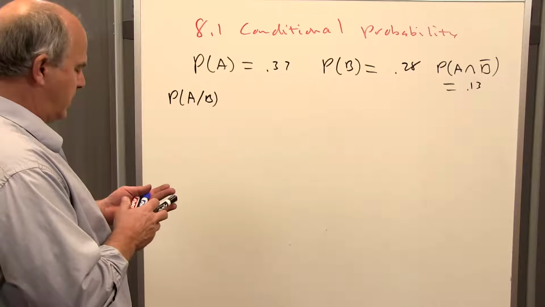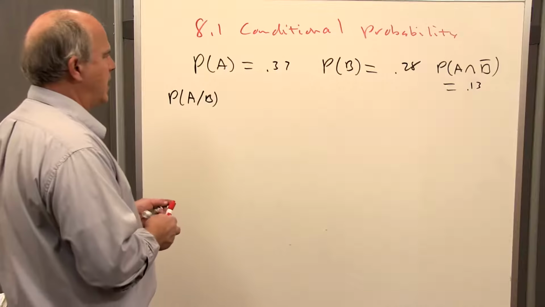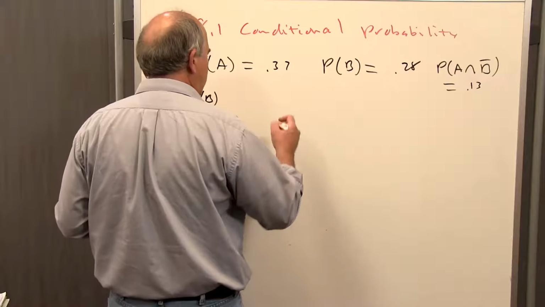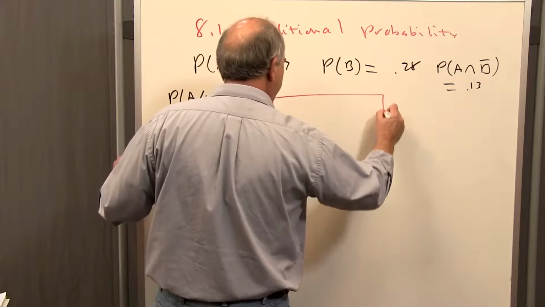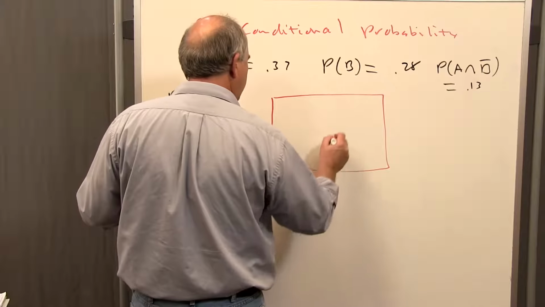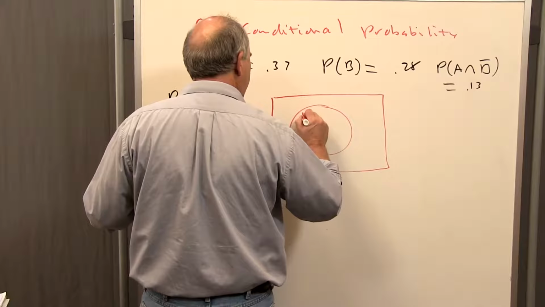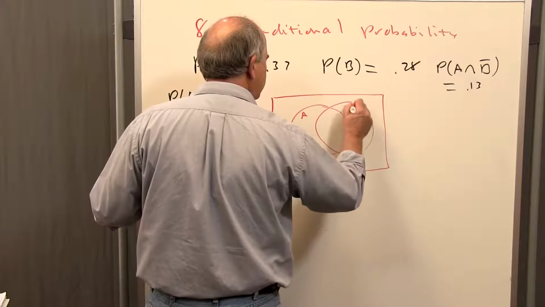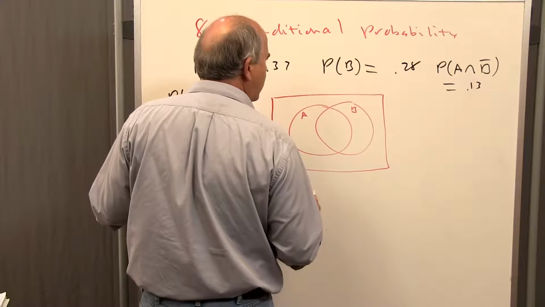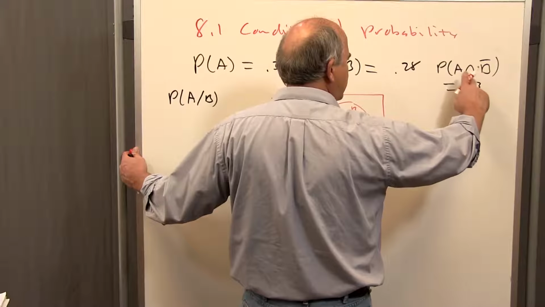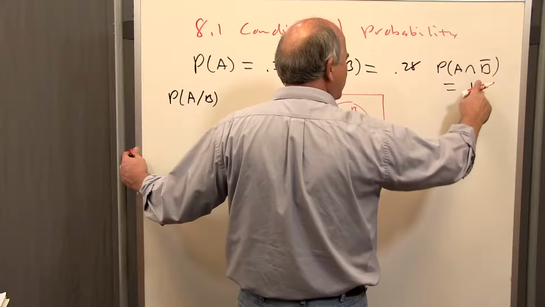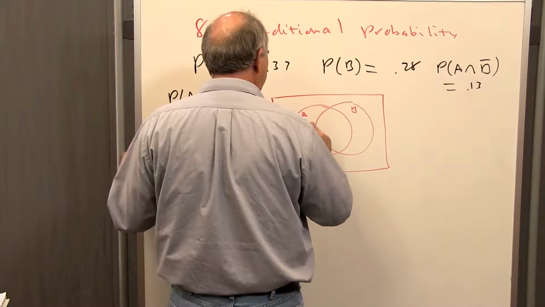Well, this is something that just screams Venn diagram, hopefully, to you, for many different reasons. So this will be our A circle, and this will be our B circle. And what do we know? Well, we need two identifiers to fill in an area, something that's in A and not in B. This is 0.13.